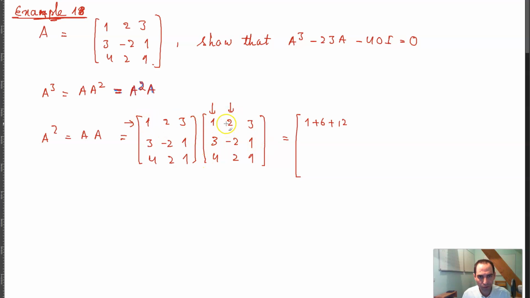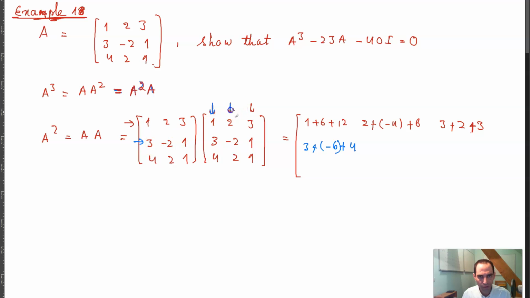Then I have 1 times 2 is equal to 2, and 2 times negative 2 is equal to negative 4, and 3 times 2 is equal to 6. Then in this column I have 1 times 3 is equal to 3, 2 times 1 is equal to 2, 3 times 1 is equal to 3. Then I take this row and this column, so 3 plus negative 6 plus 4.